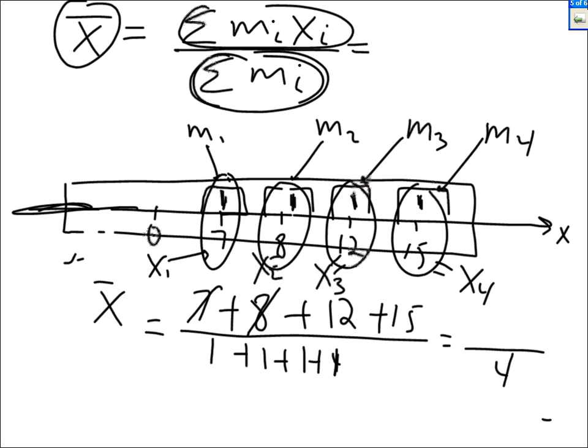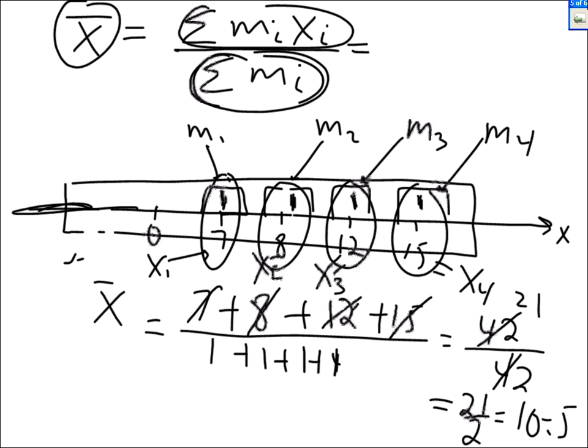7 plus 8 is 15, plus another 15 is 30, plus 12 more is 42. You divide the top by 2 and the bottom by 2. You get 21 over 2, which is 10.5.